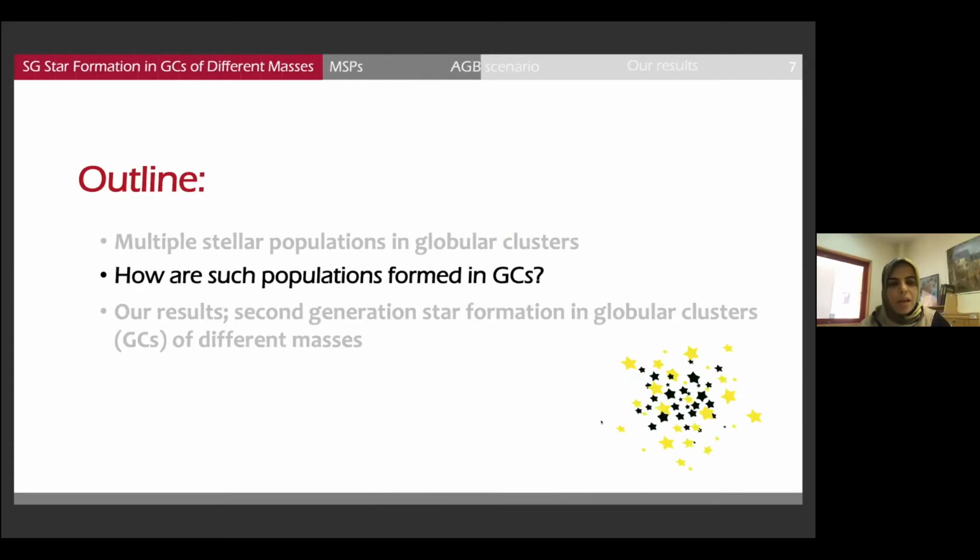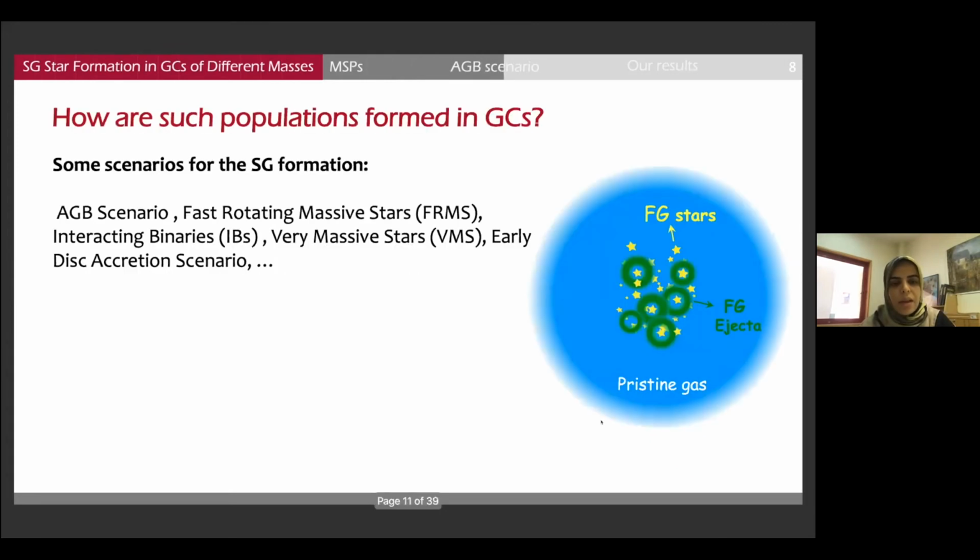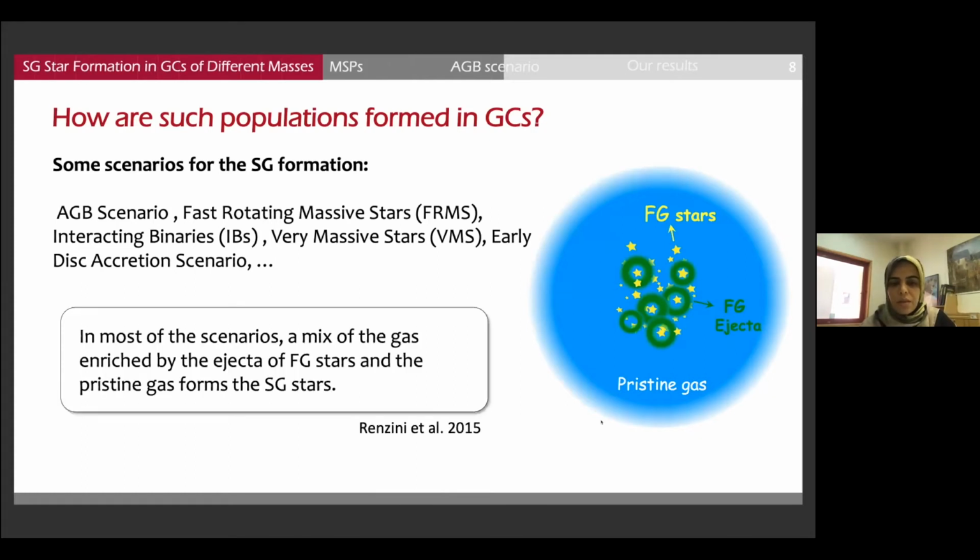Let's move on to the next part of my talk with a question: how do such strange populations form in globular clusters? To answer this question, some scenarios have been proposed, for example the AGB scenario, the fast rotating massive star scenario, and so on. In most of them, a mix of gas enriched by the ejecta from first generation stars and the pristine gas in the ISM forms the second generation stars.